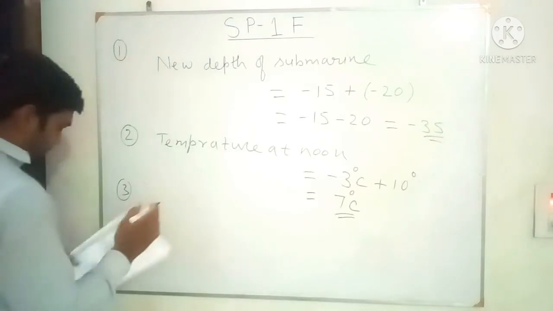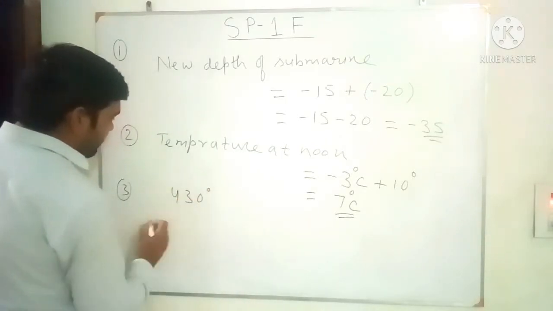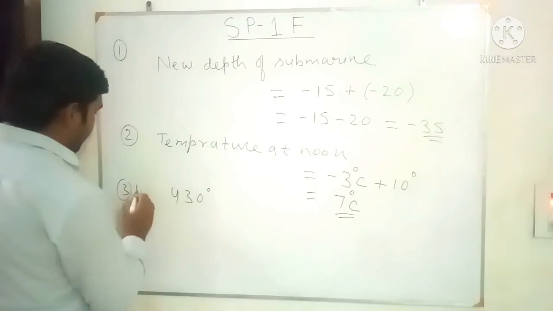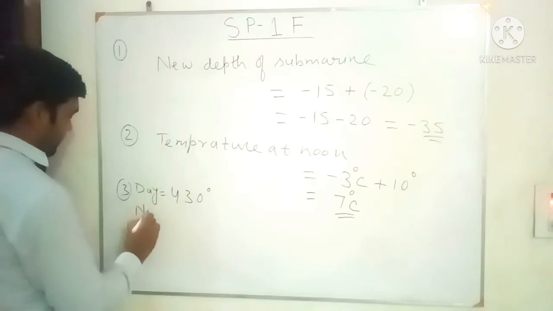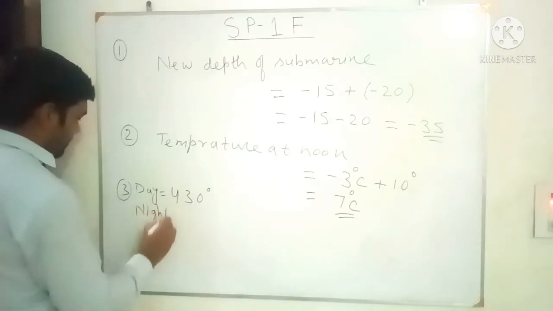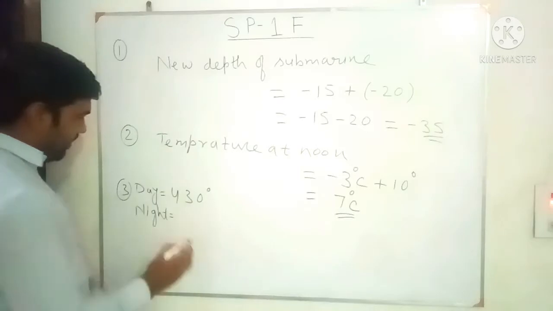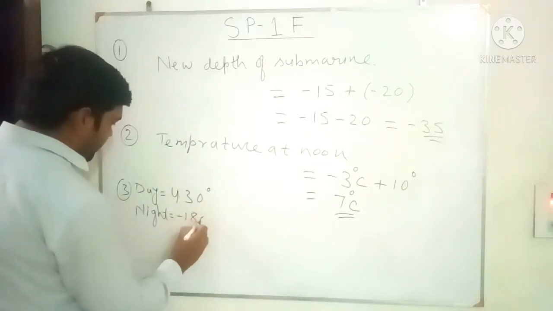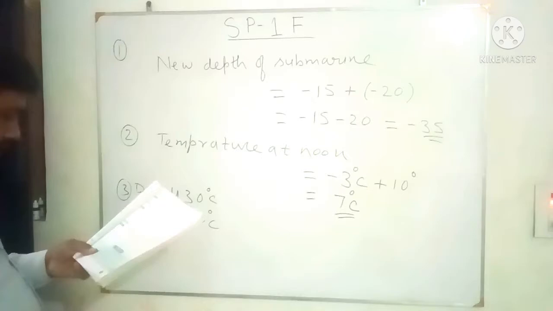So the daytime temperature of Mercury is 430 degrees Celsius, and at night the temperature falls to minus 180 degrees Celsius.